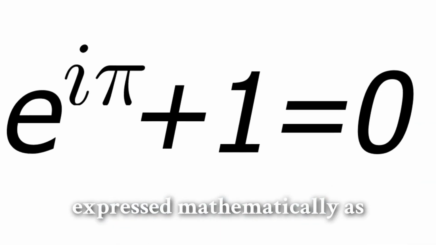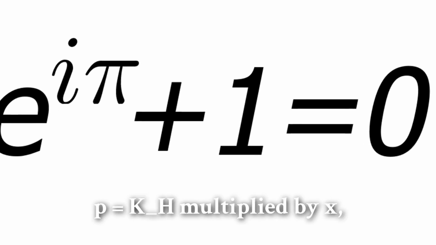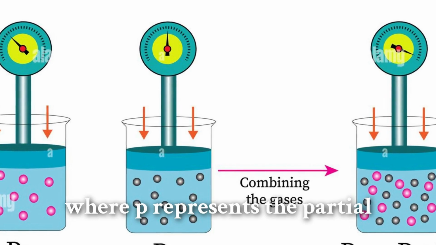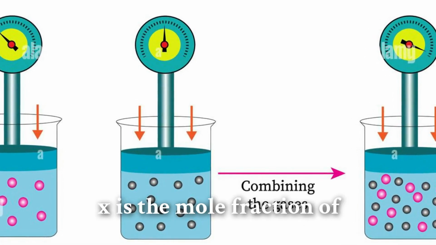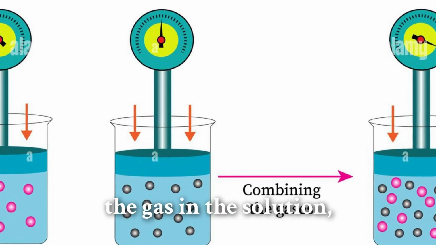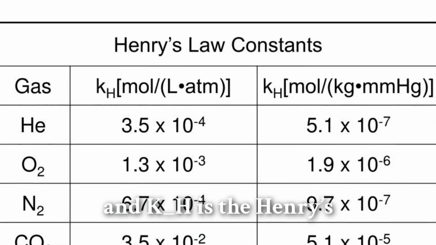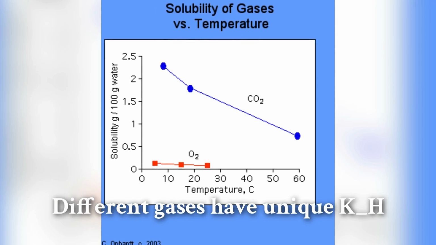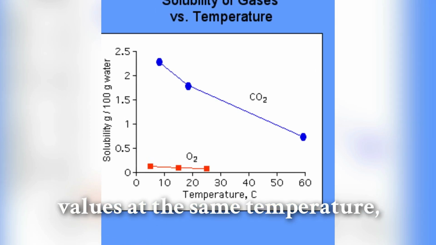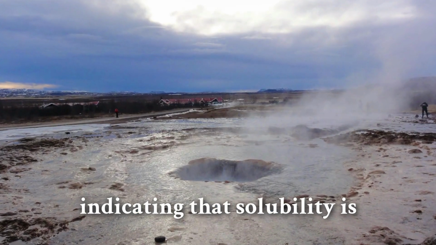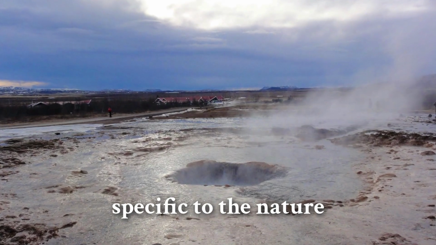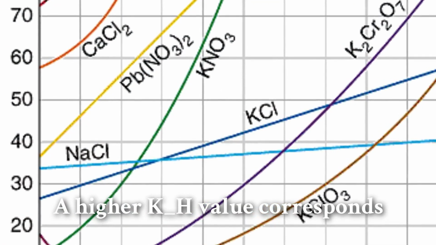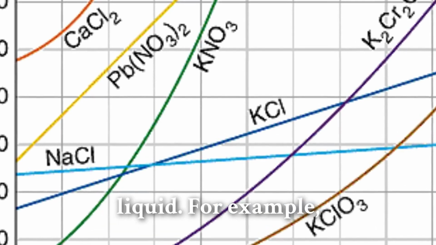This relationship can be expressed mathematically as p = K_H × x, where p represents the partial pressure of the gas, x is the mole fraction of the gas in the solution, and K_H is the Henry's law constant. Different gases have unique K_H values at the same temperature, indicating that solubility is specific to the nature of the gas. A higher K_H value corresponds to lower solubility in the liquid.